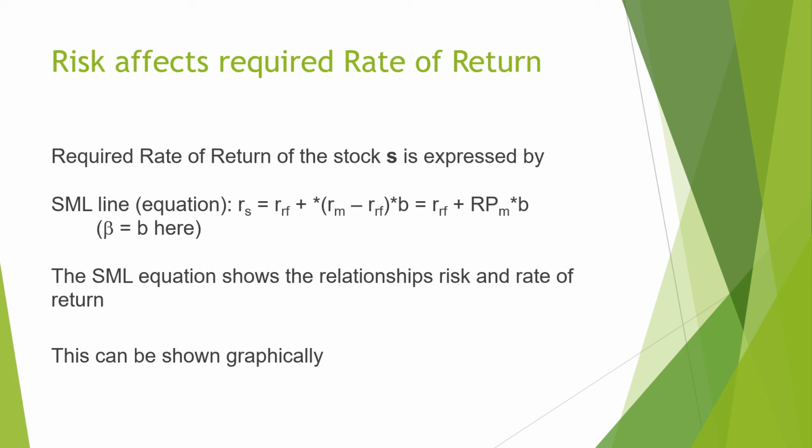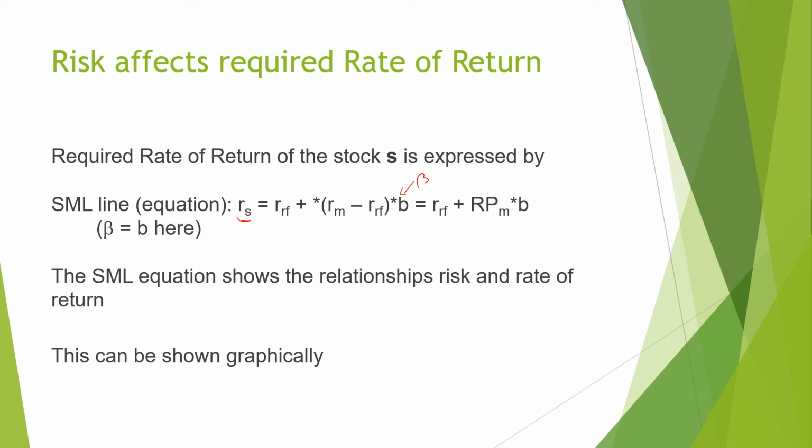Now, required rate of return on the stock S is expressed by SML equation. Rate of return of stock S equals risk-free rate of return, plus market risk premium, RM minus RF, times this beta.